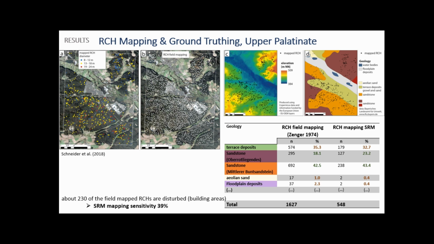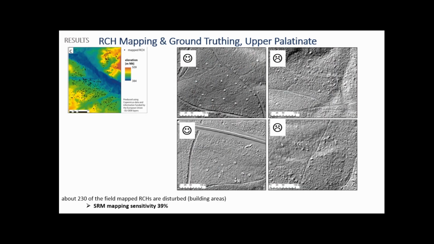And if we look at the variation within the survey area, we see that we have quite good results, mainly in the slope areas or the higher areas. And it's very hard to see any structures, especially in the lowest areas of the site situated on alluvial deposits and close to the wetlands.